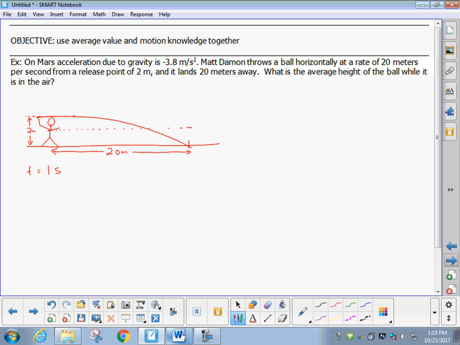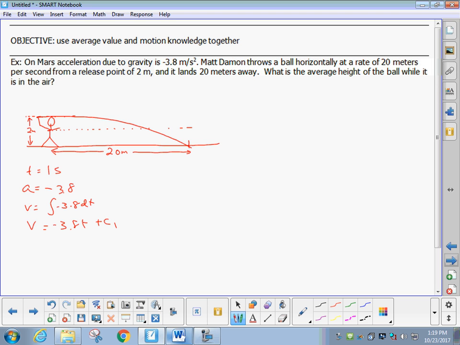Now, later on, in Calc 2, you do a lot of projectile motion and parametric equations. So, now let's talk vertical. Average height. I could do the average value of the height function, but I don't have the height function. So, in a calculus way, not a physicsy memorized equation way, how do I get height? Integrate. Acceleration is negative 3.8, so velocity is the antiderivative: negative 3.8 t plus an initial condition.